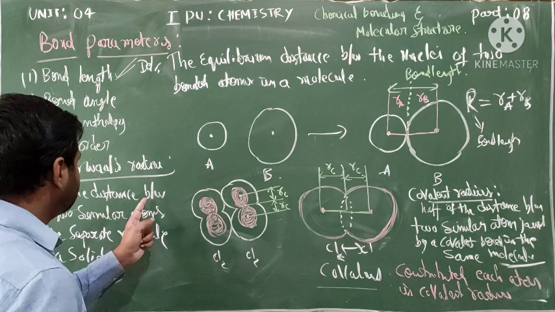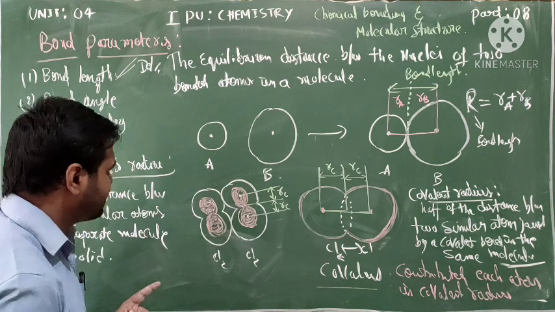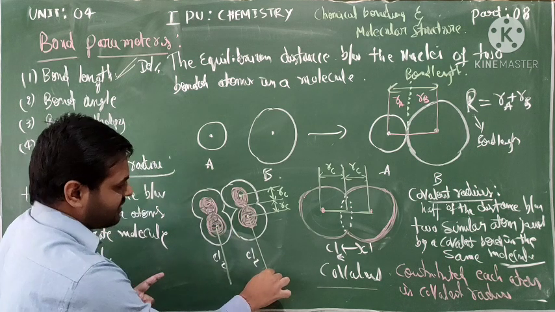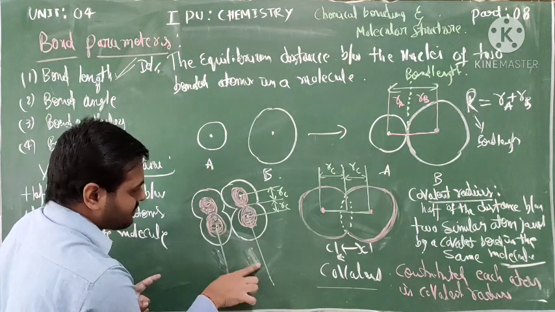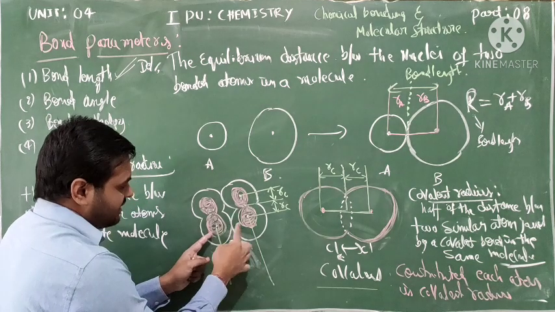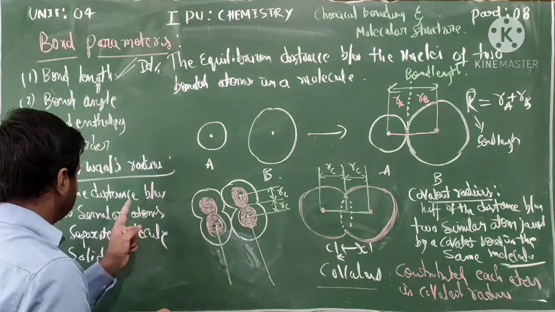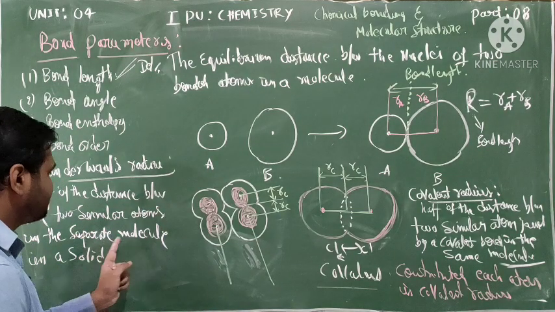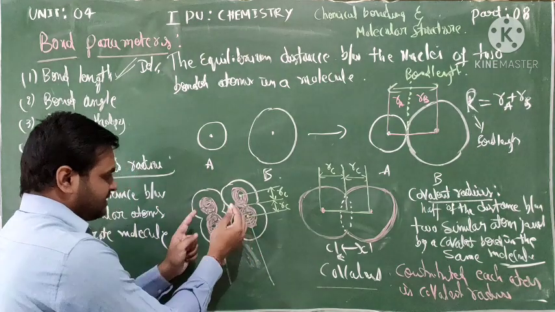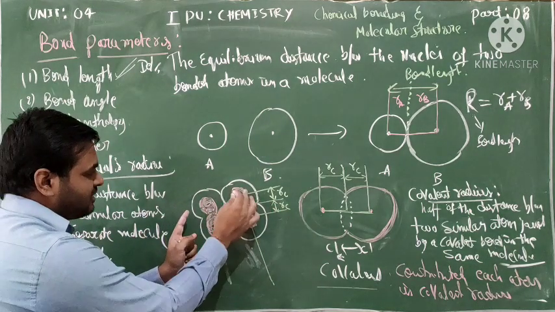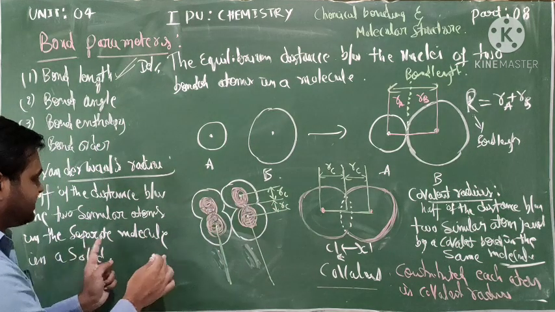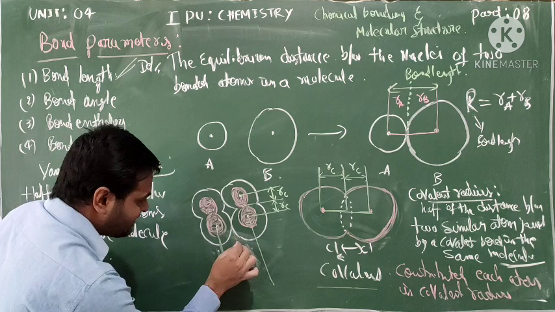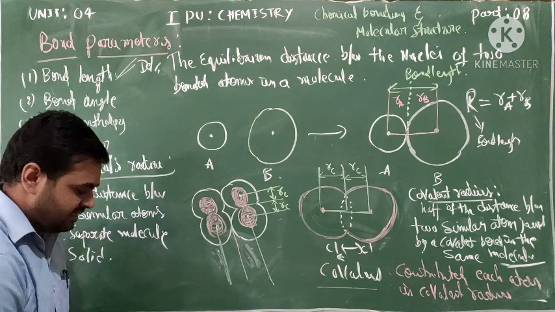What about half the distance in the van der Waals radius? It says two similar atoms in separate molecules, half of the distance between them.